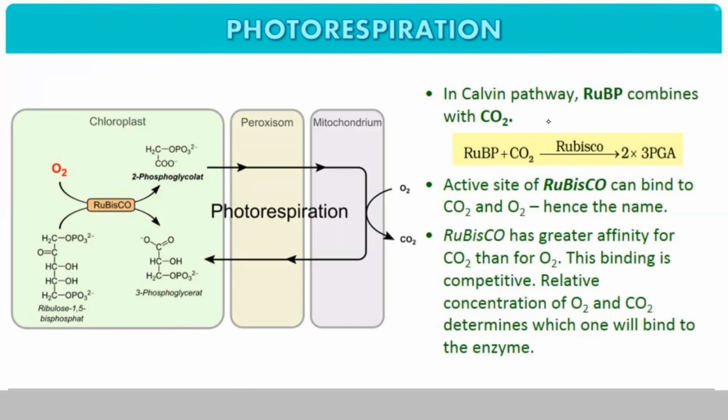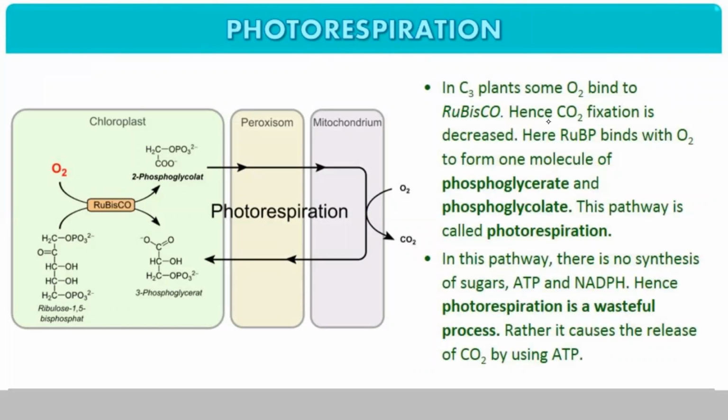Now, if the cell concentration of oxygen and carbon dioxide changes, it may lead to photorespiration. The relative concentration of oxygen and carbon dioxide determines which one will bind to the enzyme. In C3 plants, some oxygen binds to Rubisco because at some point the oxygen concentration increases compared to carbon dioxide.